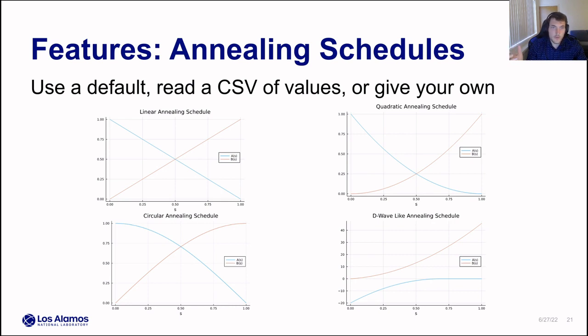But it should also be noted that we have capabilities for reading in these CSV files and interpolating through a quadratic spline. Alternatively, you can make your own annealing schedules if you're trying to research how your annealing schedule may impact your measurement probabilities in a certain problem.